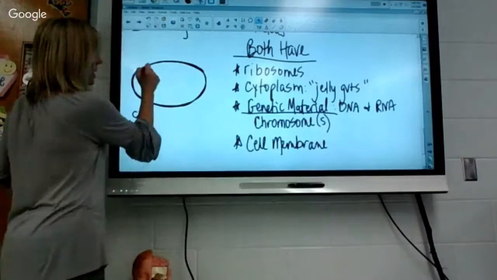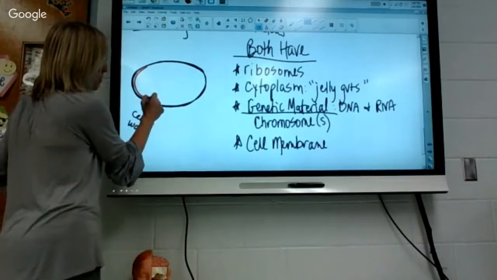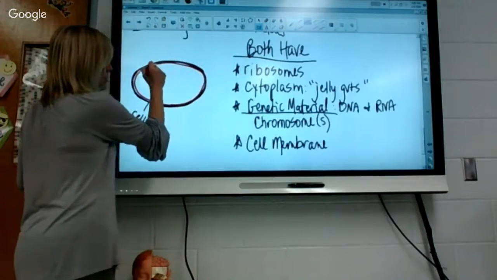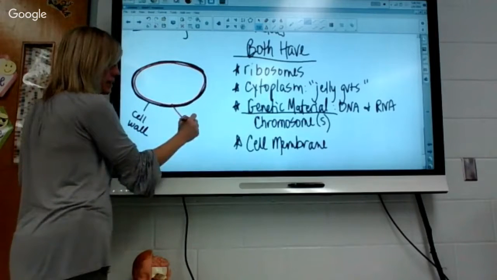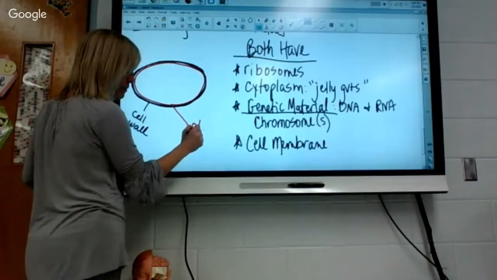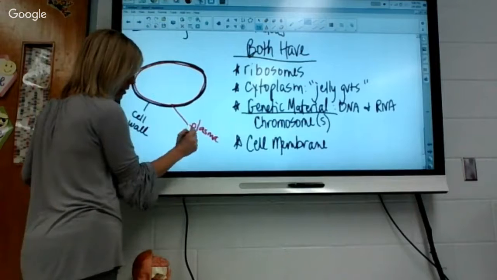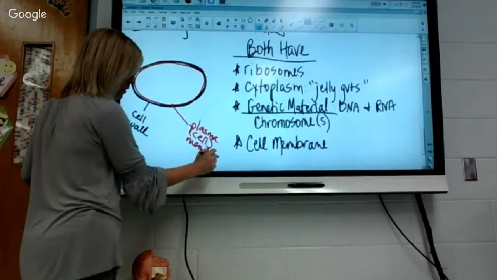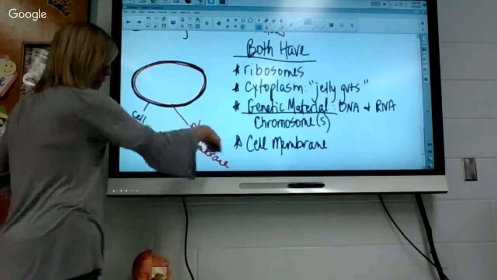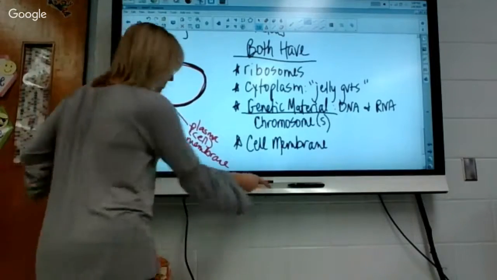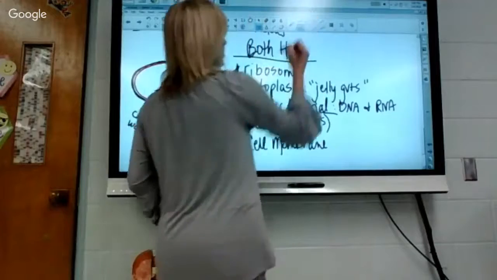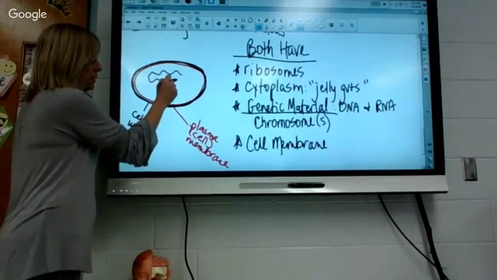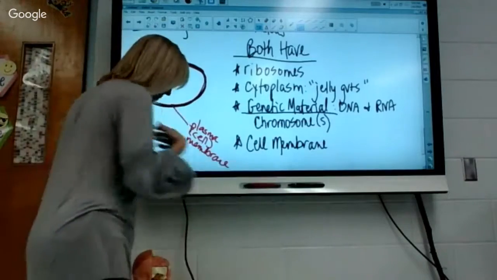On the inside is the cell membrane, and it is on the inner side of that cell wall, and it's flexible. It's also called the plasma membrane. Okay, so there's that one. And then get a different color, and let's go ahead and put in our circular chromosome. Now I want to show you what it looks like.